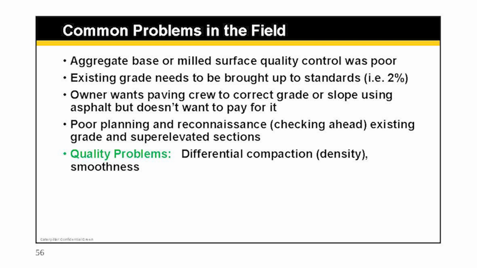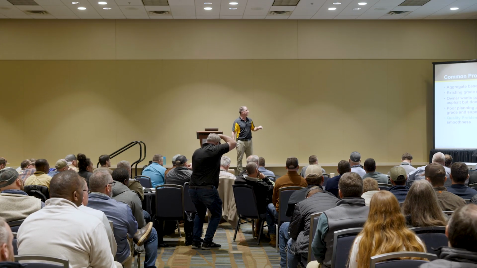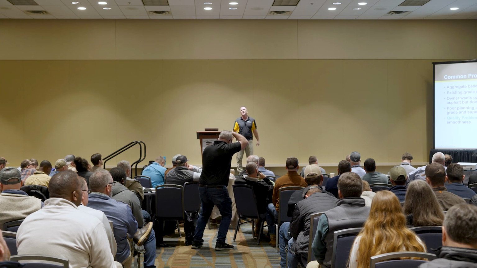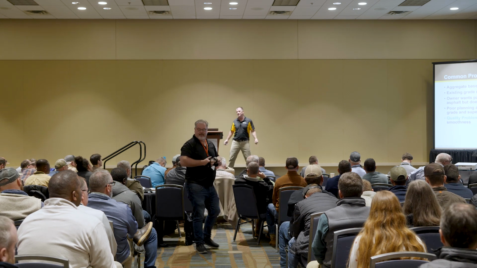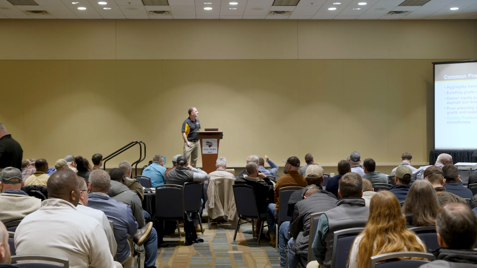So if I look at aggregate or common problems, again, just kind of a bit of a summary of what I covered here, but the aggregate base or the milled surface, can't overemphasize doing good quality control on that just to get that base correct, especially if that existing needs to be brought up to new standards or that 2%.